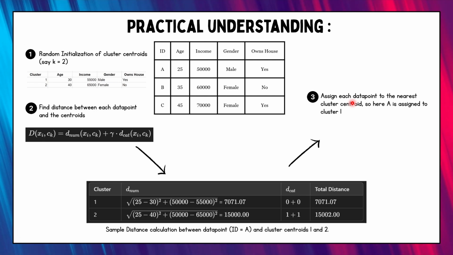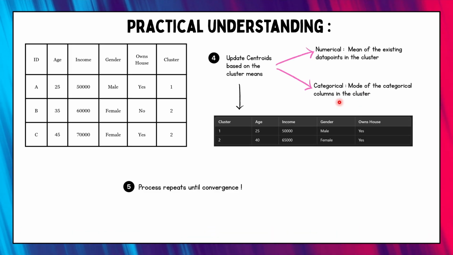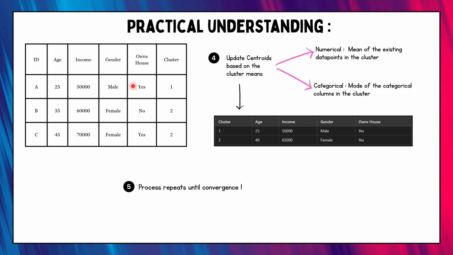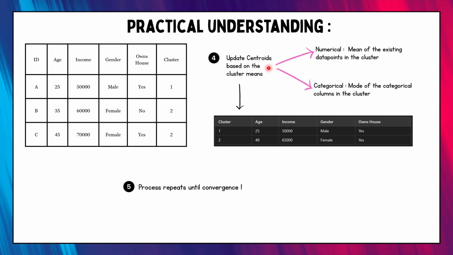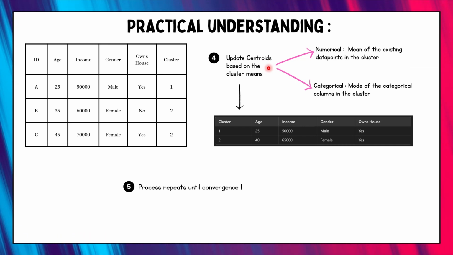Now let's see what are the subsequent steps. As you can see, based on the distance that I formulated, I assign cluster 1 to A, cluster 2 to B, and cluster 2 to C. Now the fourth step is to update the centroids based on the cluster means.